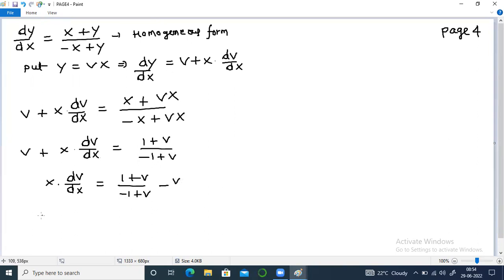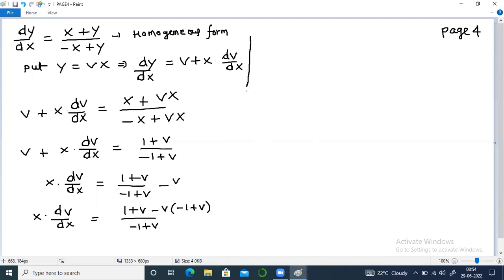You do LCM. Left hand side, leave it like that only. Right hand side, if you take minus 1 plus v as the LCM, 1 plus v only you will get here, minus v into minus 1 plus v.